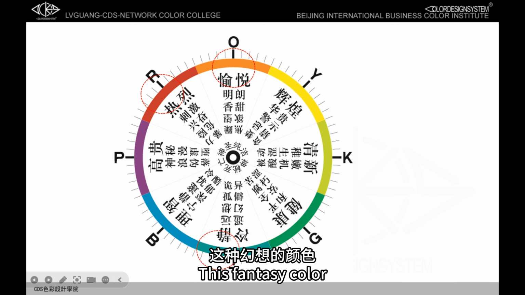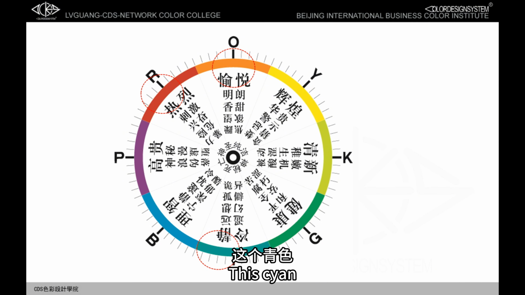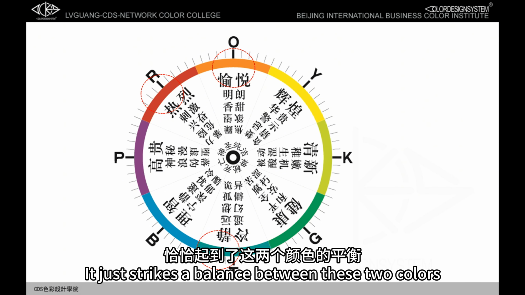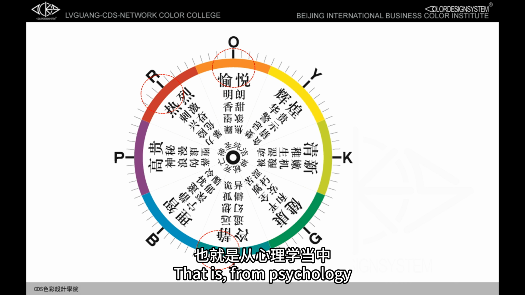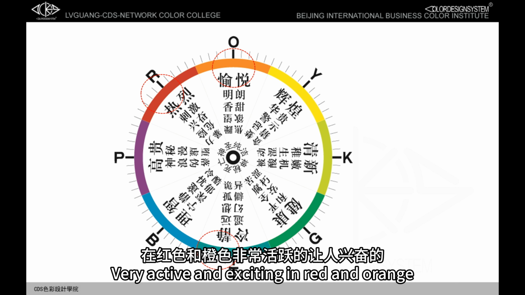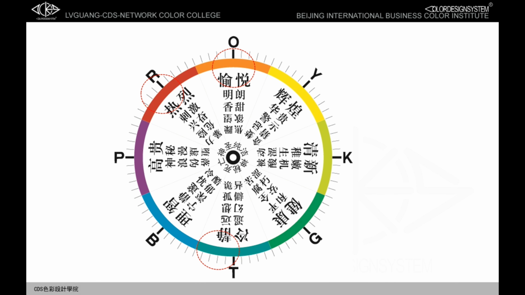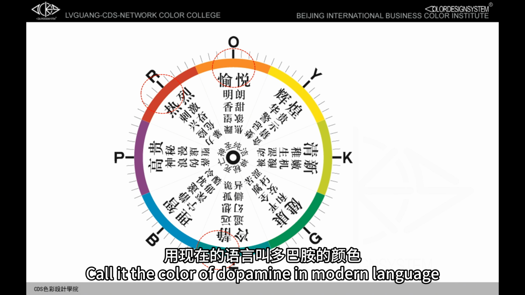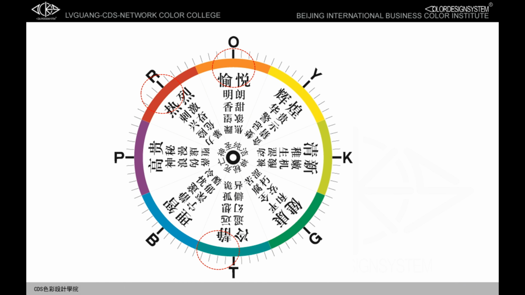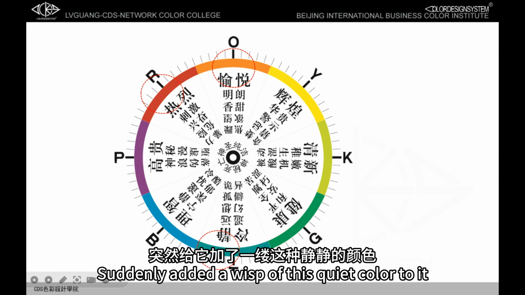This fantasy color, this cyan, it just strikes a balance between these two colors. That is, from psychology, very active and exciting in red and orange. Call it the color of dopamine in modern language. During the impact, suddenly added a wisp of this quiet color to it.